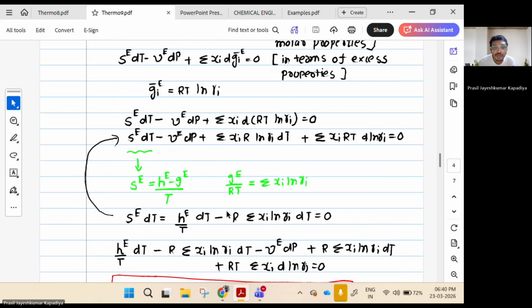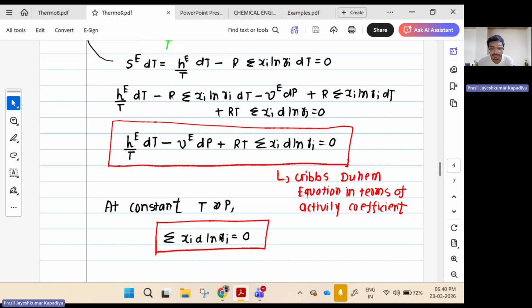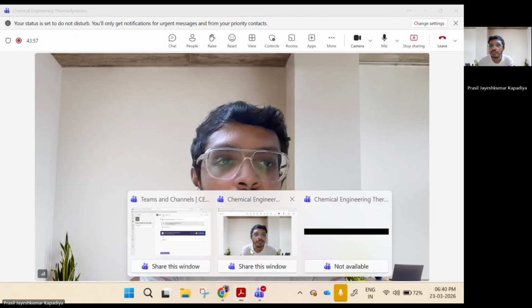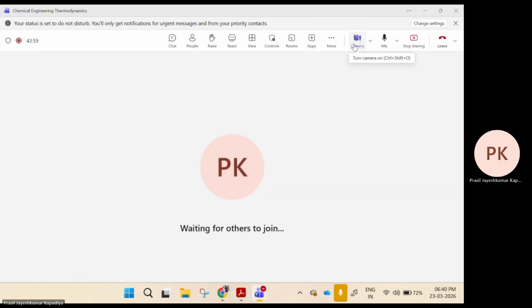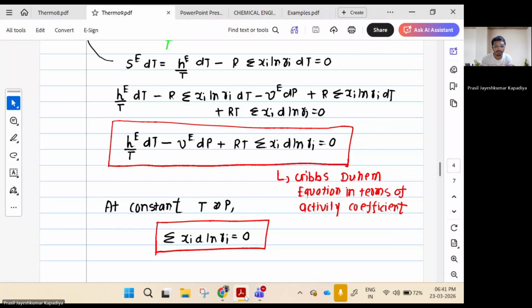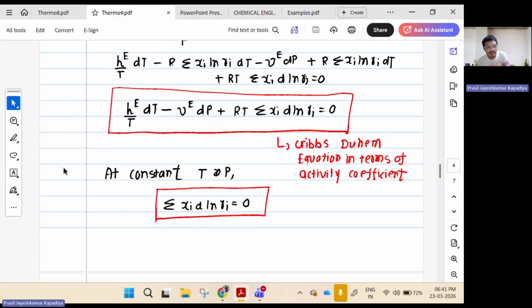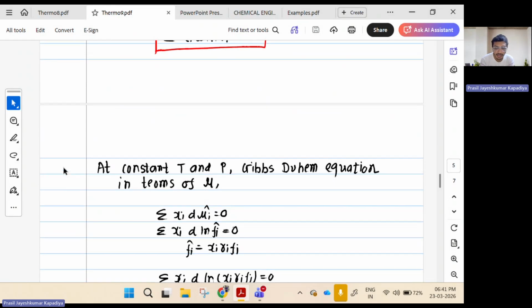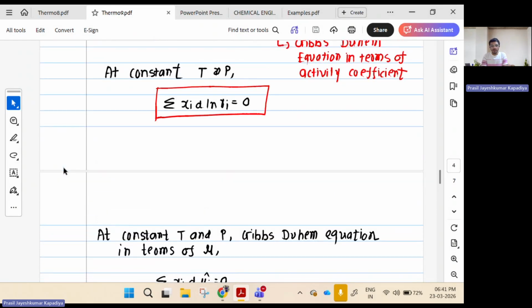Okay, so this is the Gibbs-Duhem equation at constant temperature and pressure in terms of activity coefficients. Now let's try to move ahead.